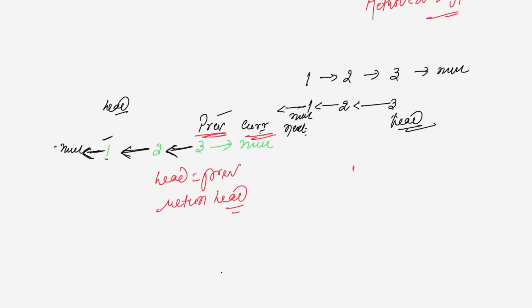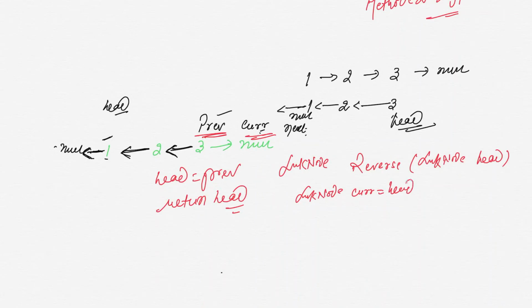Now how are we going to code it? Suppose reverse, the list node head has been given. We are going to take three variables: list node current, which is going to point to head, previous null, and next is null.